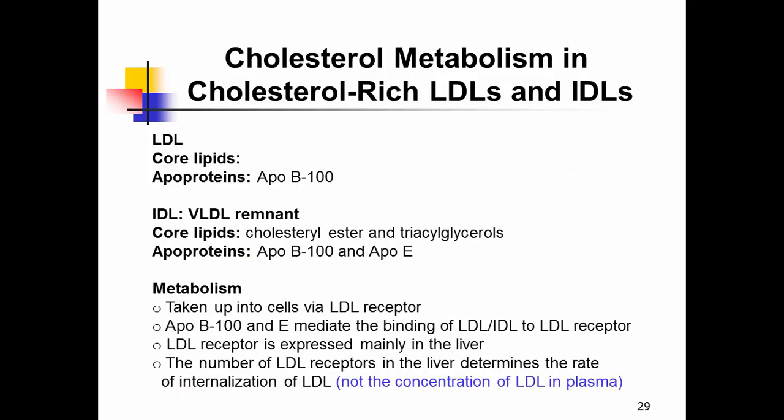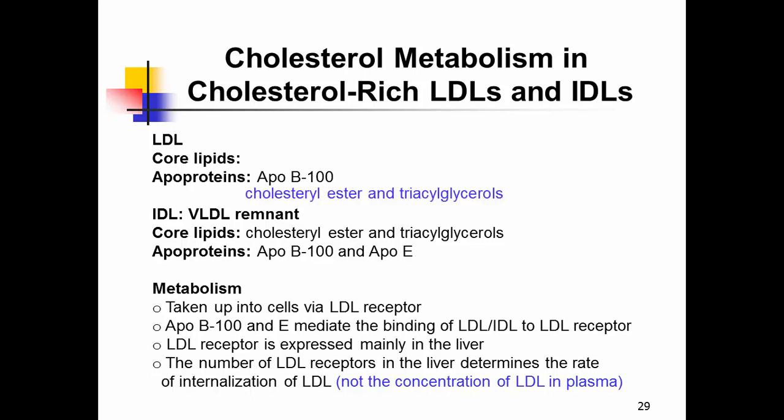Now let's talk about the cholesterol-rich lipoproteins, LDL and IDL. LDL, by its name, is a cholesterol-rich lipoprotein, which means that the LDL core lipids contain more cholesterol esters, right?